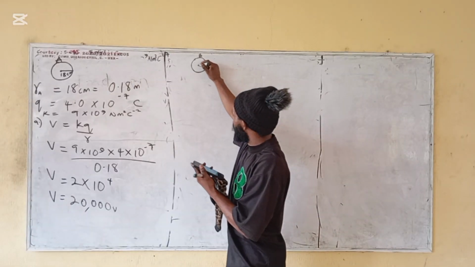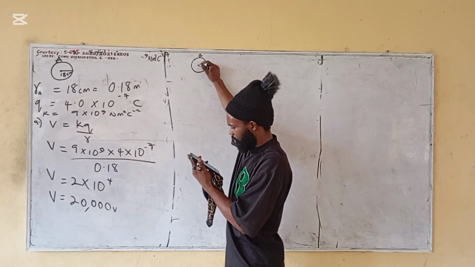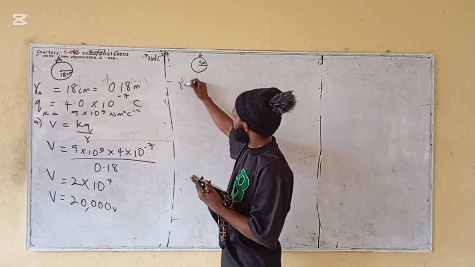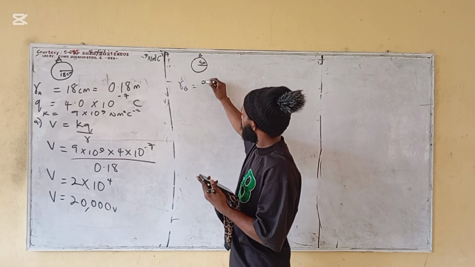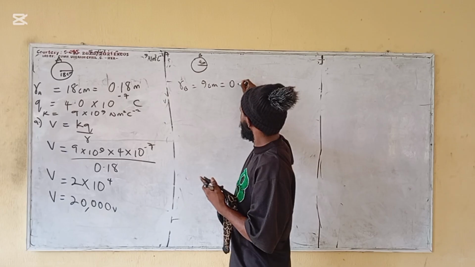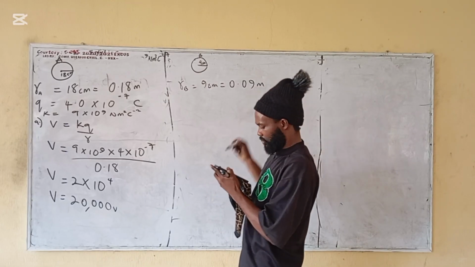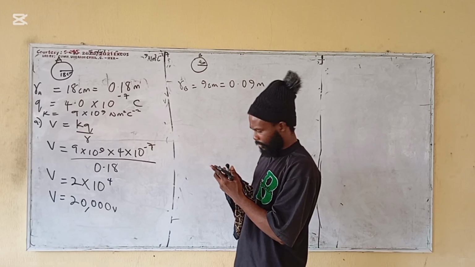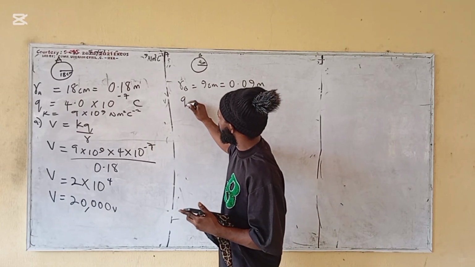So what is the radius given for this one? 9 centimeters. That is going to be 0.09 meters. What about the charge? It is the same.